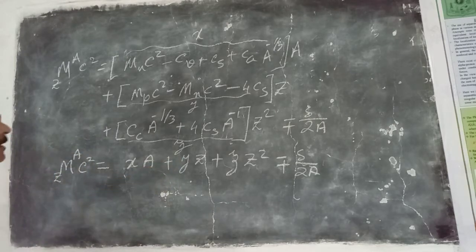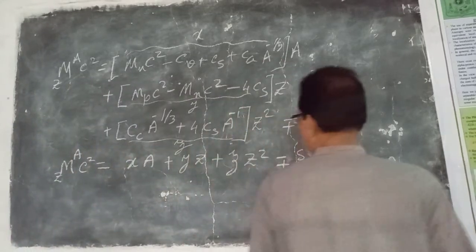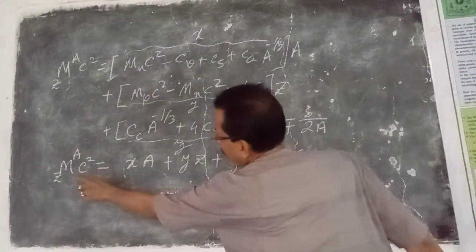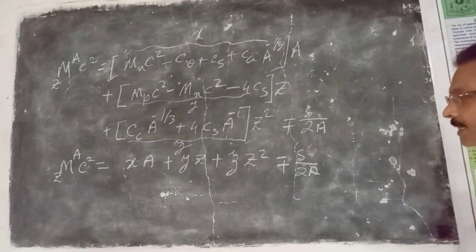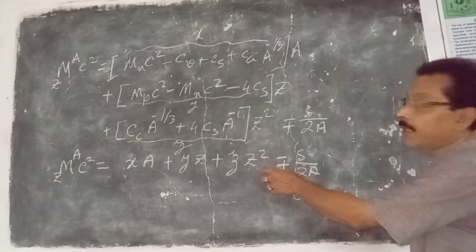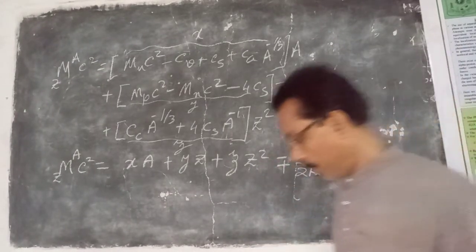This is a parabolic equation. Now if we plot the atomic mass or binding energy versus the atomic number Z, then we get a parabola.